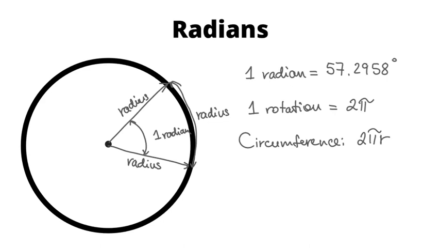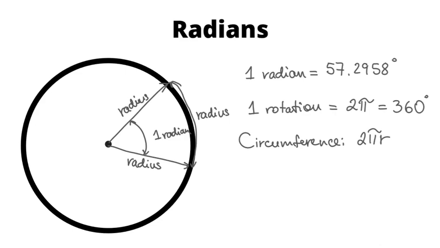So, one rotation, the angle at the center, 360 degrees, is 2 pi in radians. We don't really say 2 pi radians in writing. We just say 2 pi, and that means that the angle is in radians.